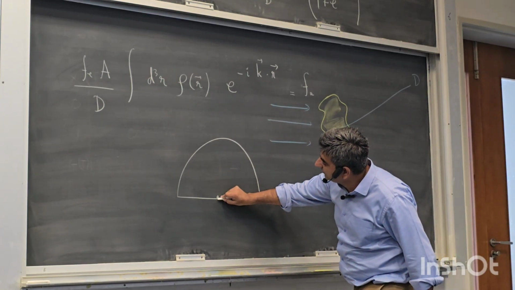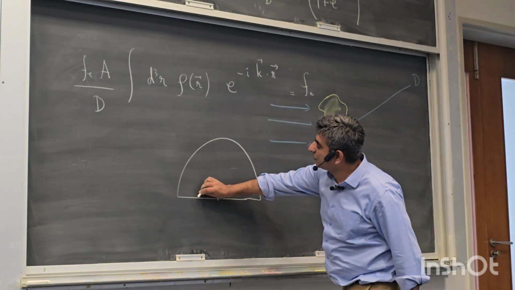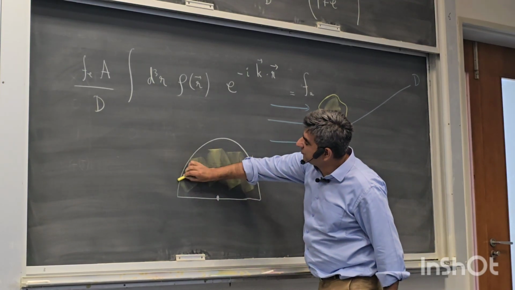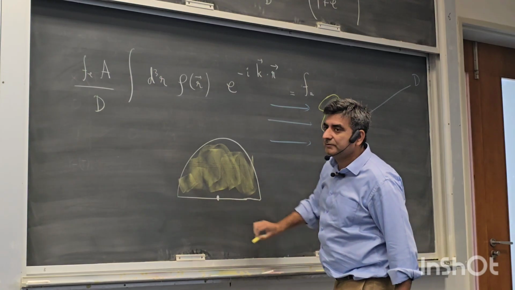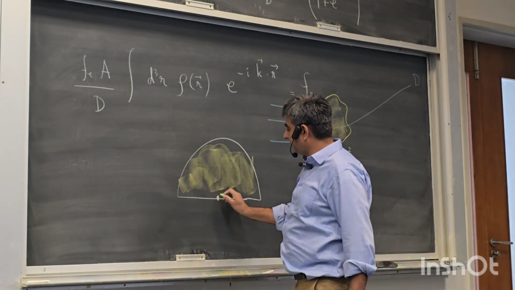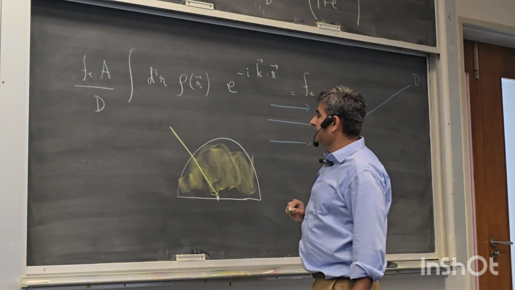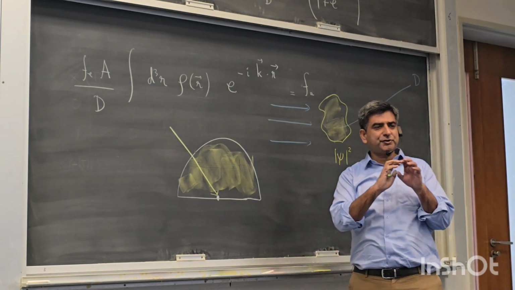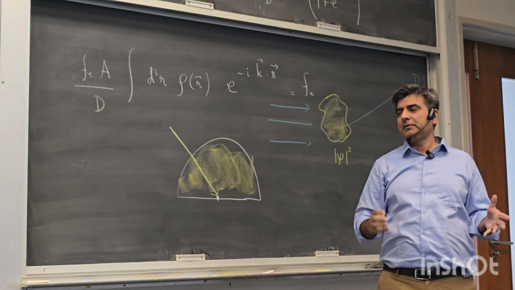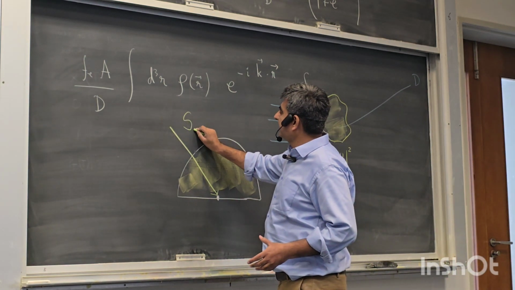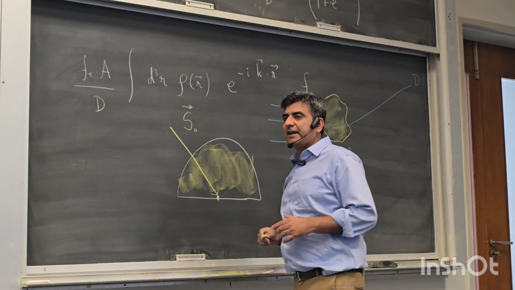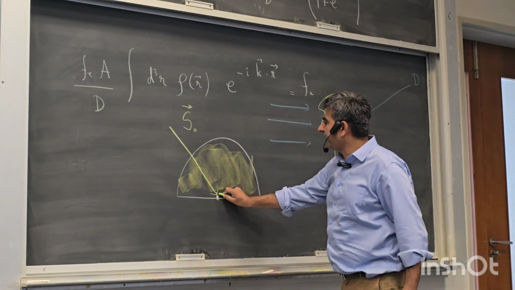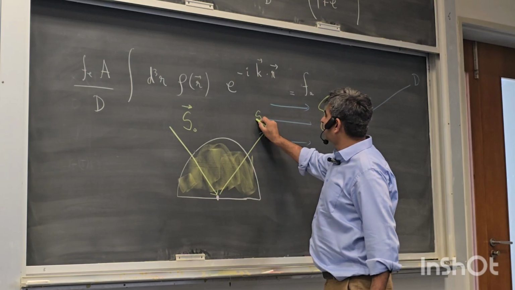This is my nucleus here, and this is the electron cloud. Assume it's a spherically symmetric electron cloud. Now X-rays are coming in, hitting this atom, and the nucleus is the origin of my coordinate frame. These X-rays have a unit vector S naught, which identifies the direction of the incoming waves. What we want to look at is the scattered direction.